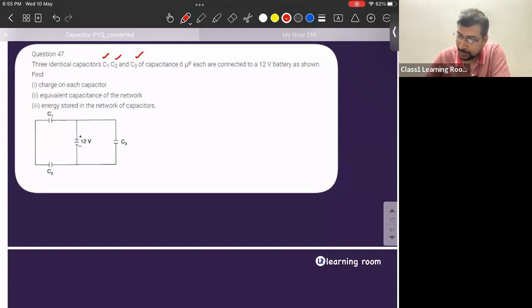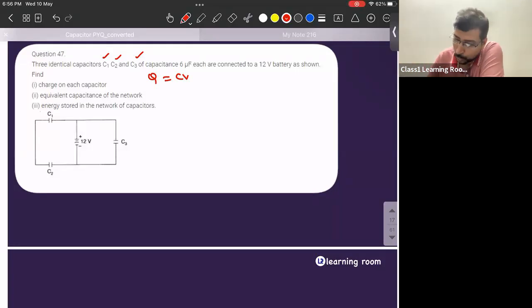Okay, the first part. For us to find the charge on each capacitor, all that we need to do is first understand what is the potential difference across each capacitor, because the formula for charge says Q is equal to CV. So all that we need is the capacitance and the potential difference across that capacitor.